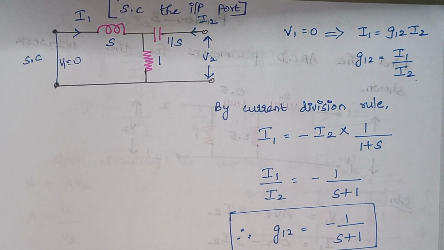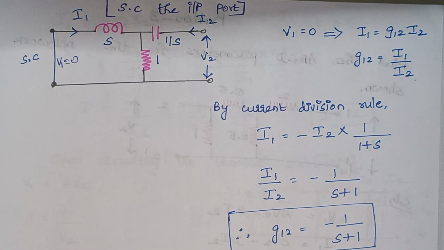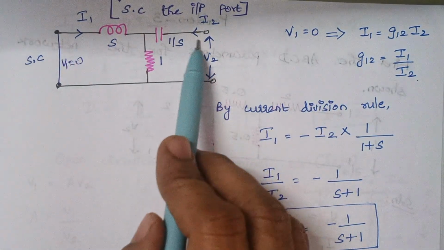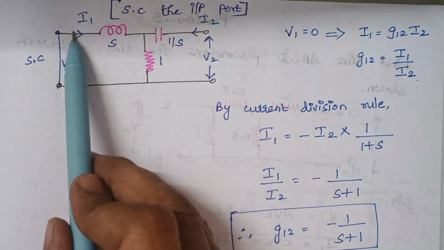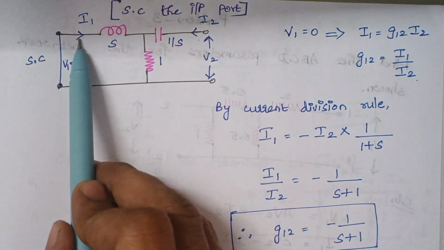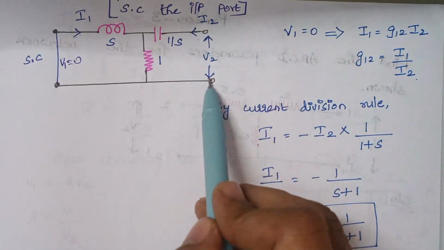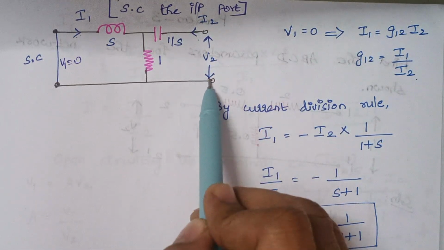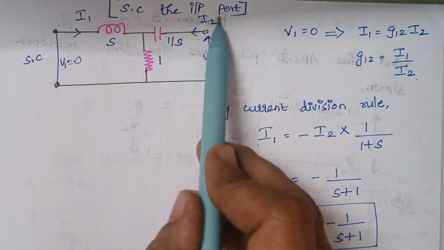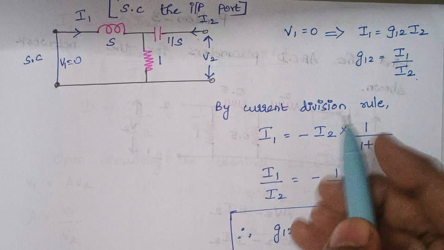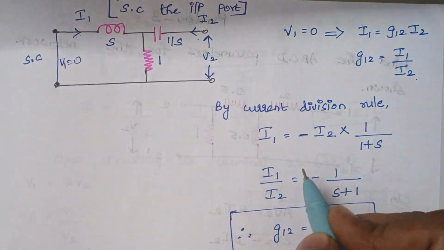Now we are going to calculate the value of I1. When you look at this circuit diagram, this is I1 and this is I2. Now I1 is given by, what is the total current? Total current is I2, because here we have our source voltage V2. The direction of I1 is opposite to that of I2. Therefore, here we are including a minus.